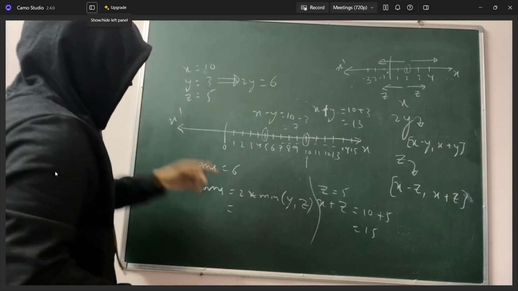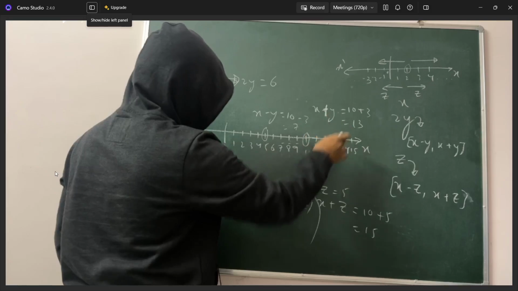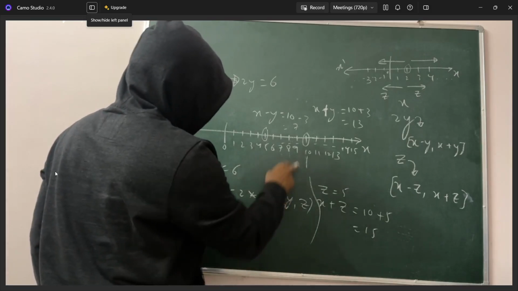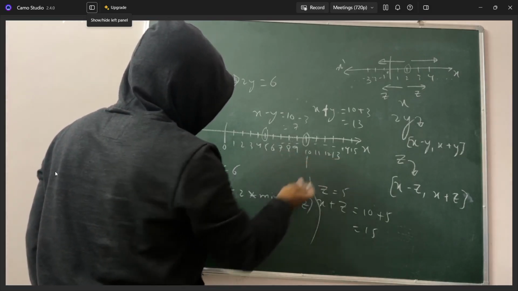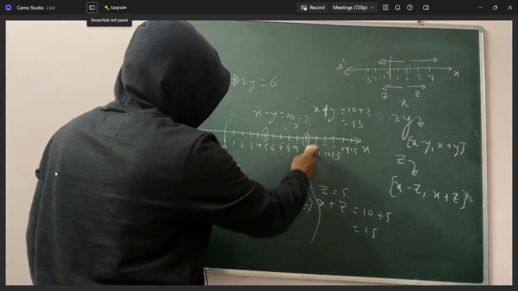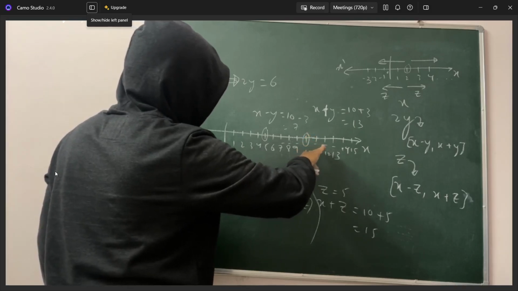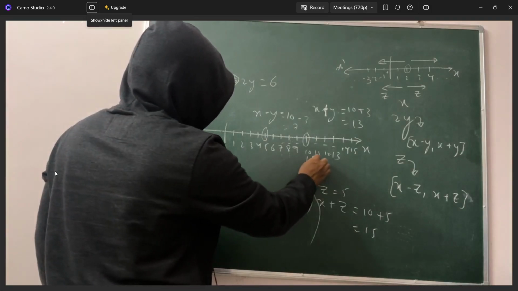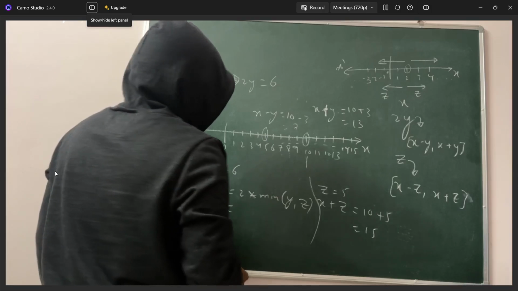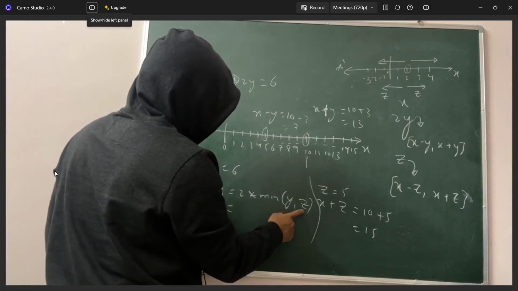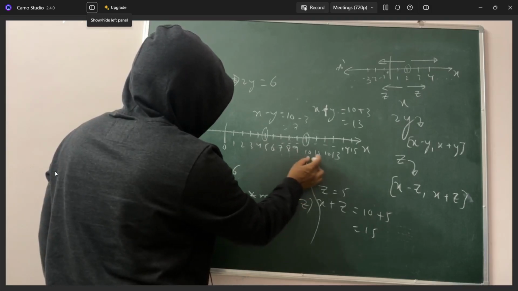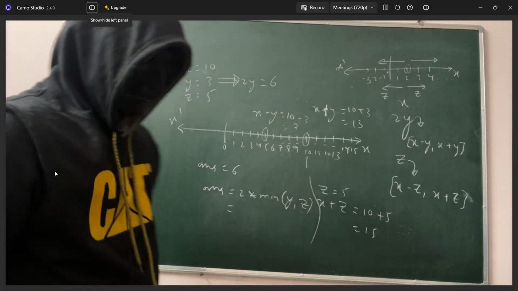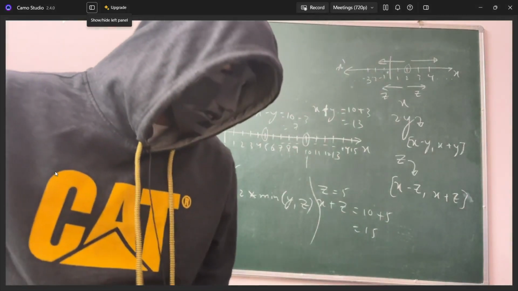Because Y is the number of friends on the right-hand side and Z is the range till which he can move. Let's say in this case, as we have seen, Y is lesser, it is only 3, but Z is 5. If Z is 5, it doesn't mean that he will be visiting 10 friends' houses. It's not the case, because the number of friends he has is lesser. And in the first case we have seen he can visit only till his range, so it was only 2 friends. That's why we have to take the minimum of Y and Z. That's it, this is it about the problem.